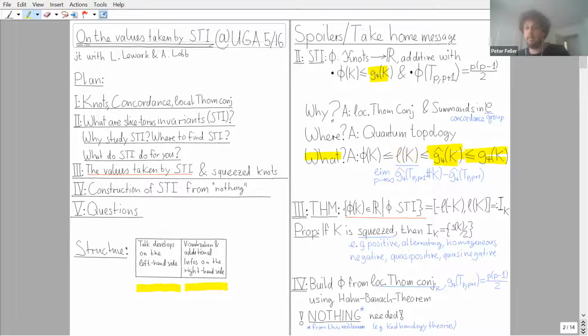And the result I'm actually going to prove is indeed about what values a slice-torus invariant takes. So this is the set of real numbers that you get, for a given knot, when you have a slice-torus invariant.